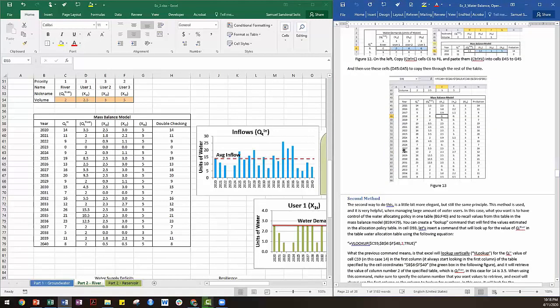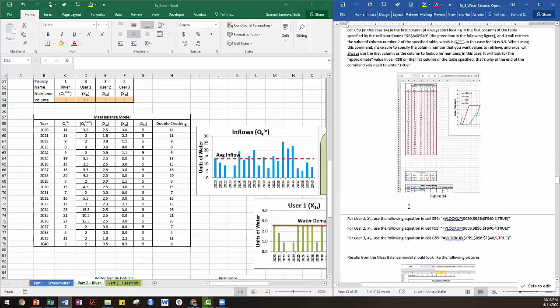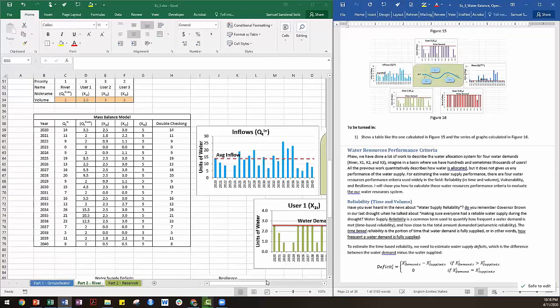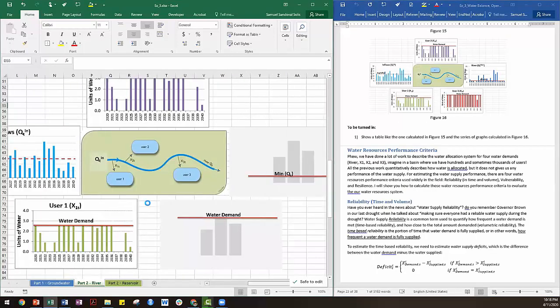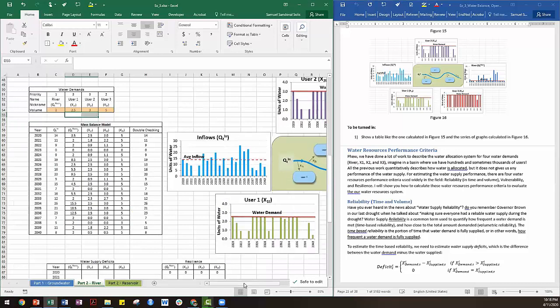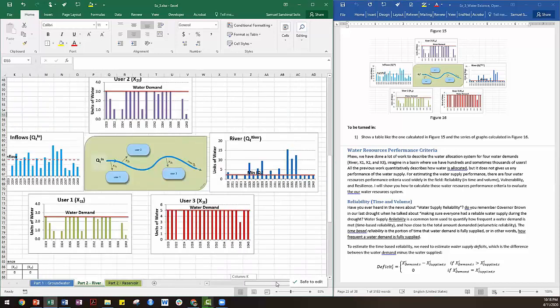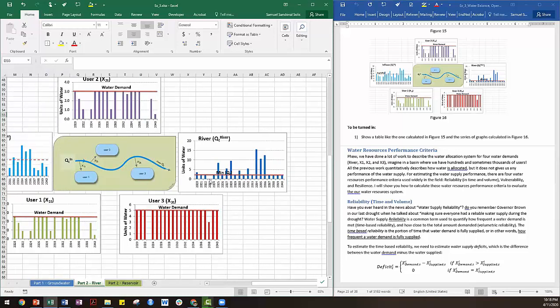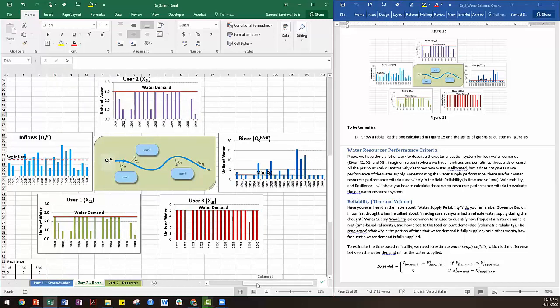Okay, now something you can actually see is this dashboard. What is going on in this dashboard is that you can see who is receiving water. So these are the inflows. You can see that the river pretty much received all the water except in 2023, where it didn't receive any water.